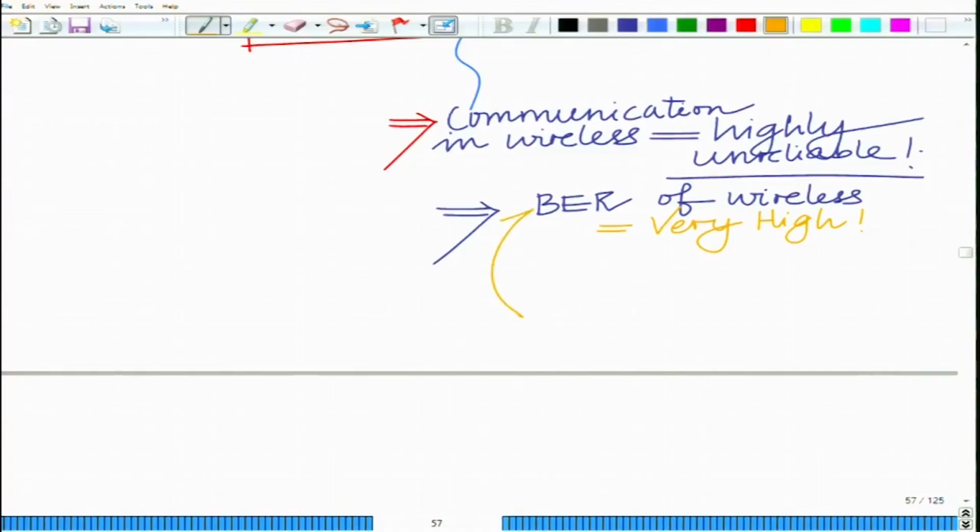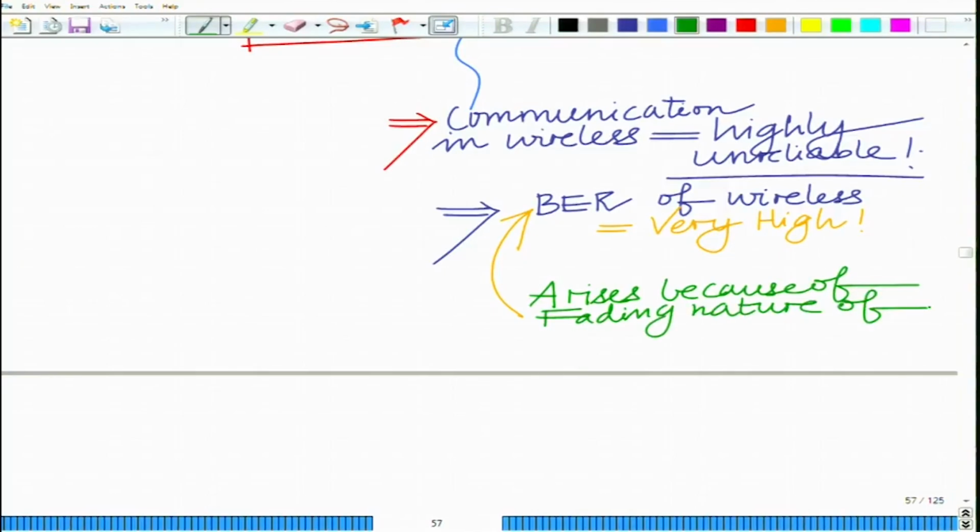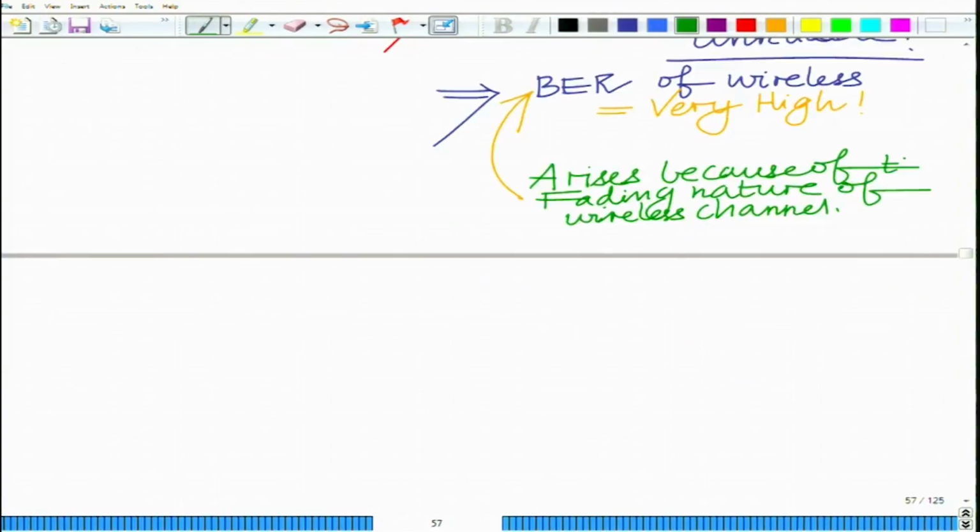So, all this is arising because of the random nature of the fading channel coefficient.